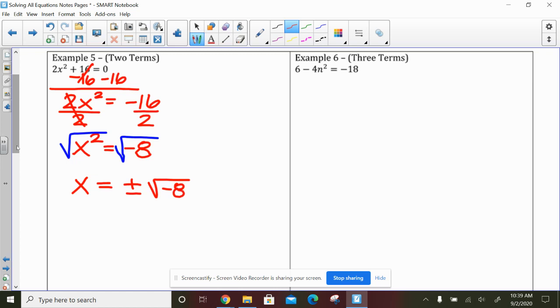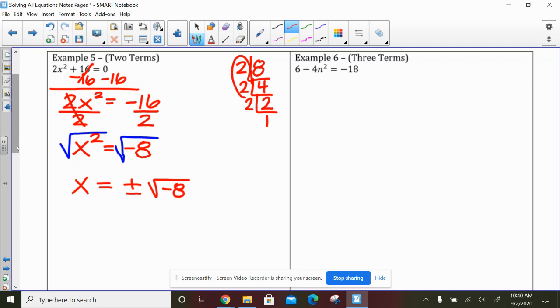Okay, two things here. First off, it's negative. If it is negative, remember my answer will have an i. But I also have 8 that I need to simplify. So I can divide by 2 and get 4. Divide by 2 and get 2. Divide by 2 and get 1.